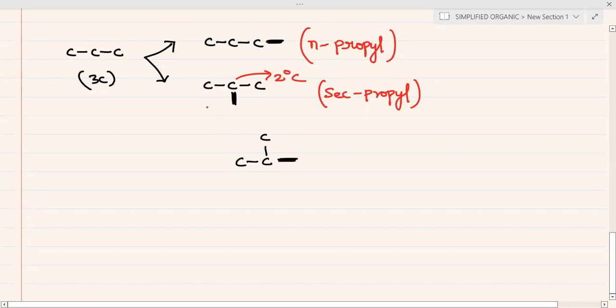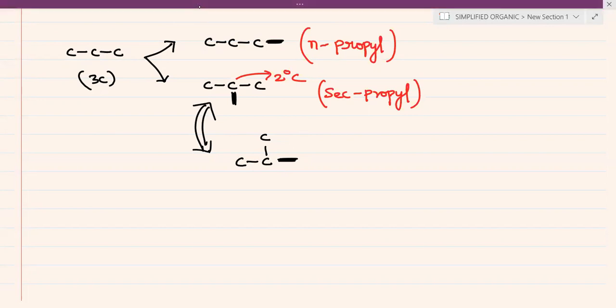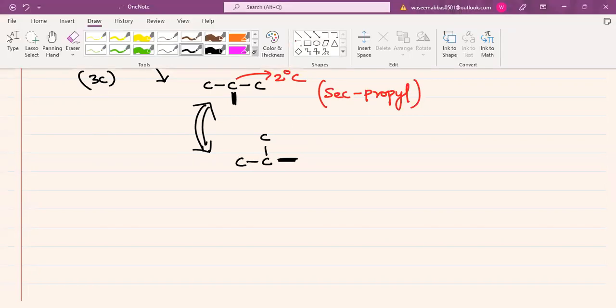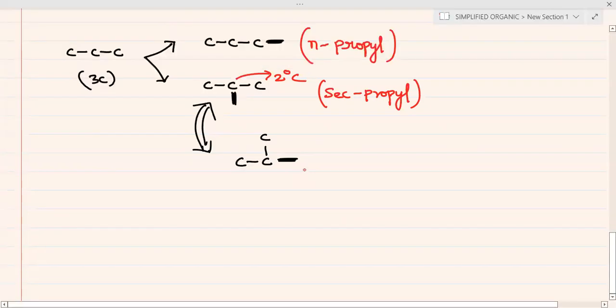These two are the same. Now if I see from the branch side, this is the last carbon, and this is the last but second carbon.